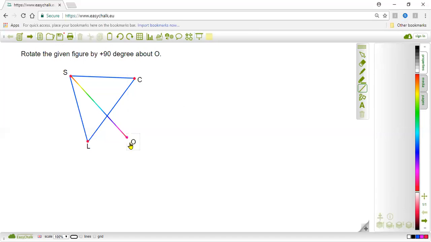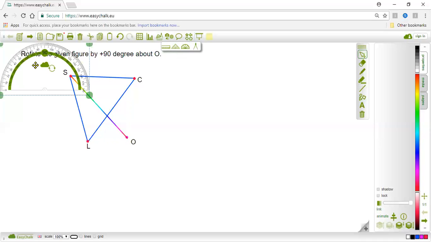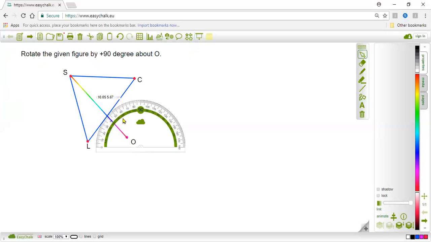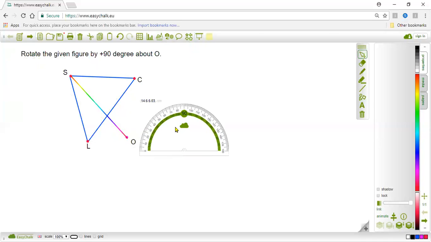in the counterclockwise direction at this point O. Let me use the protractor to make an angle of 90 degrees. Here this is a protractor, and we have to make an angle of 90 degrees at this point O, the center of the rotation, with this line SO in anti-clockwise direction.